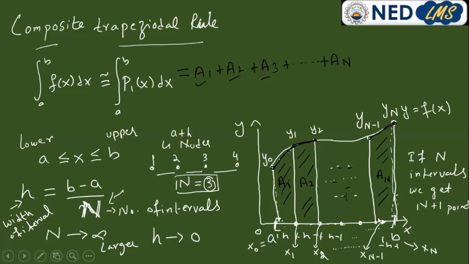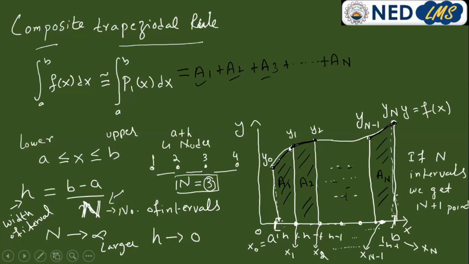If we continue, we reach the last interval where they are still separated by a distance h, and the heights are yn minus 1 and yn. So we can apply the trapezoidal rule individually in each interval to get A1, A2, A3, up to An, and then sum them up to get the total area under this curve with a much better strategy. That is called composition.